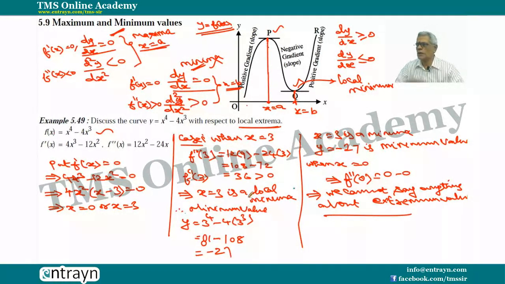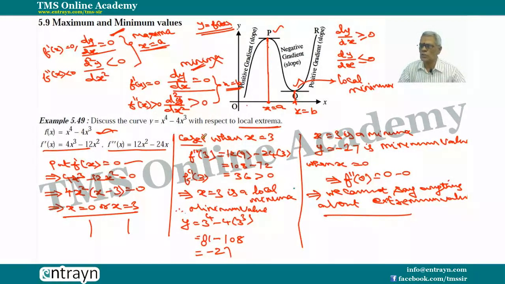So for finding local maxima and local minima, take the given function as f of x, find f dashed of x, find f double dashed of x, and put f dashed of x to 0. On putting f dashed of x to 0, I get two x values. The two x values are x is 0 and x is 3. I put x is equal to 3 in d square y by dx square.